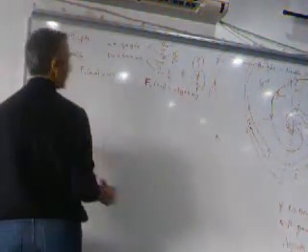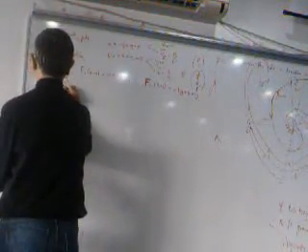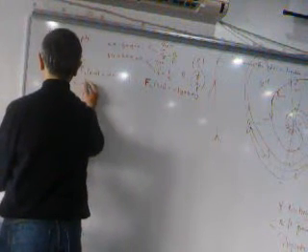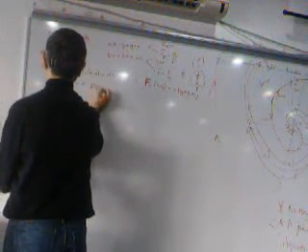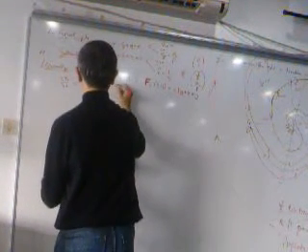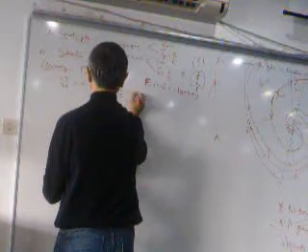So now, to find the Jacobian, I take all the partial derivatives. Partial of f1 with respect to x equals alpha minus something. Then the second one, partial of f1 with respect to y, equals minus delta x.